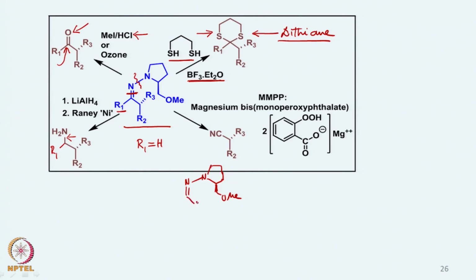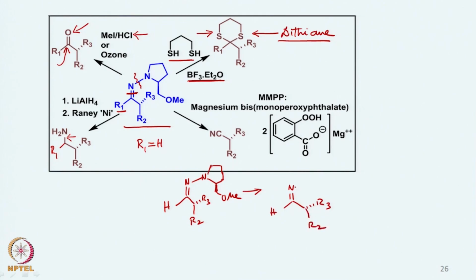So we have R3 here and R2 here, and we have a hydrogen here.